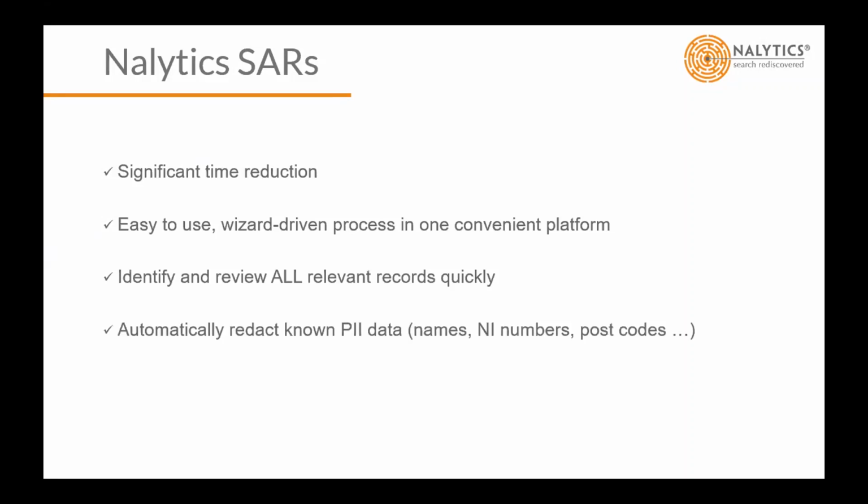The automatic redaction piece, I remember the conversation we had with one client about, could you help us find all the names within all the data? And we said, well, how do we know what all the names are? So we made use of some of our AI enhancement techniques to be able to identify international names.